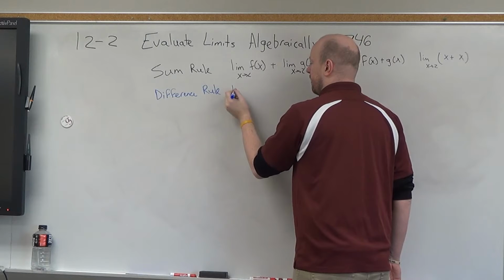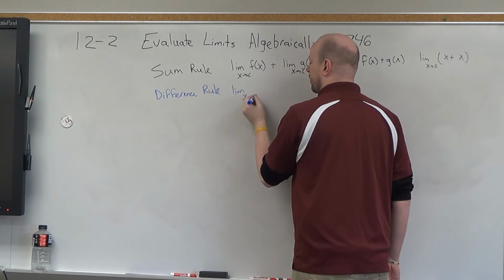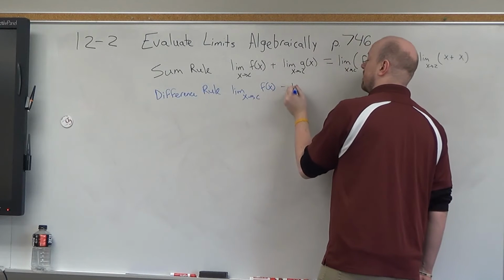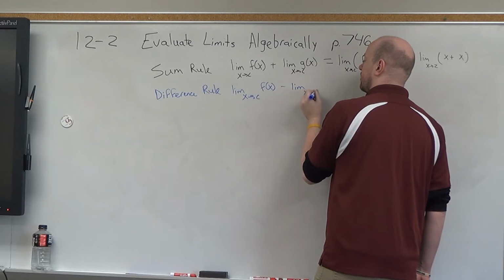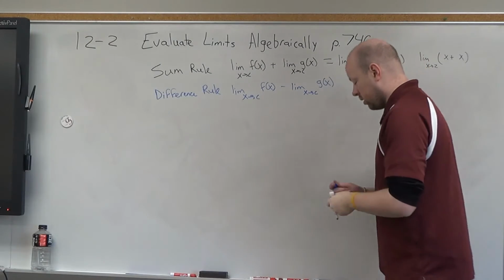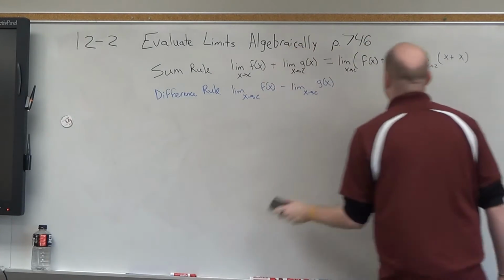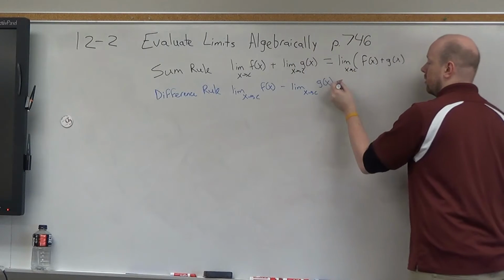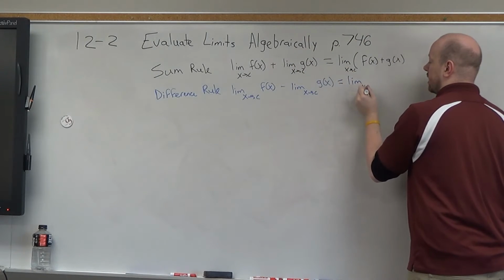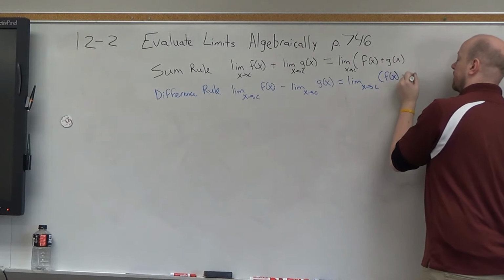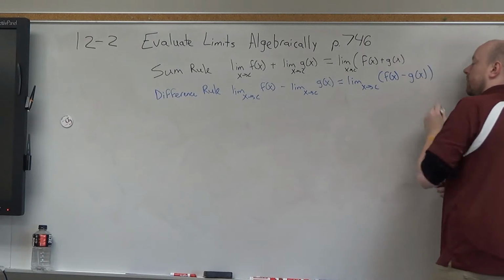So again, the limit as x approaches c of f of x minus the limit as x approaches c of g of x, and of course it equals the limit as x approaches c of f of x minus g of x.